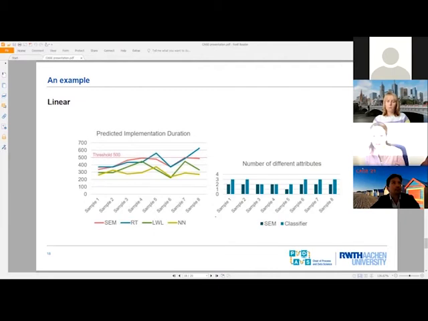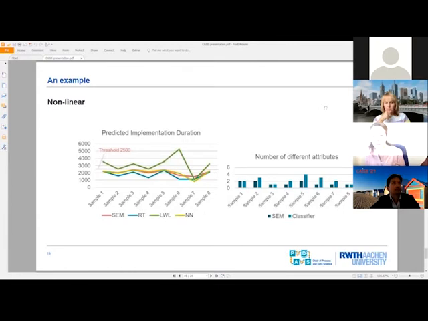And if we consider it the ground truth, you can see that the predicted values of the other methods differ a lot from SAM. The number of features that differ between them is also shown on the right side.